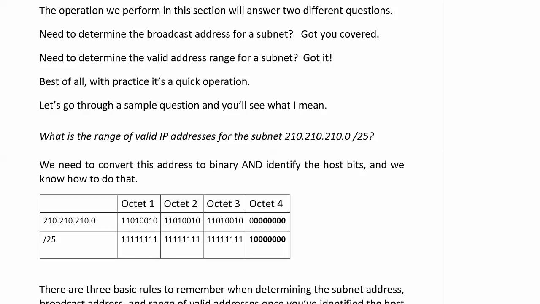So your broadcast address for this subnet is 210, 210, 210, 127. So everything in the middle, 210, 210, 210, 1 through 126, that's your range of valid IP addresses. And it's just that simple. It's just that straightforward.